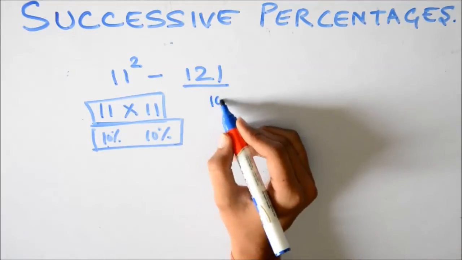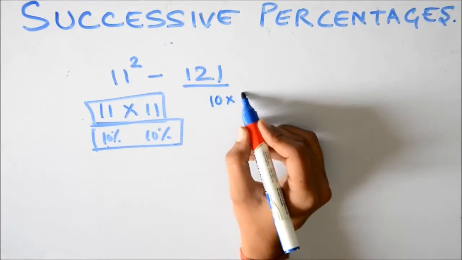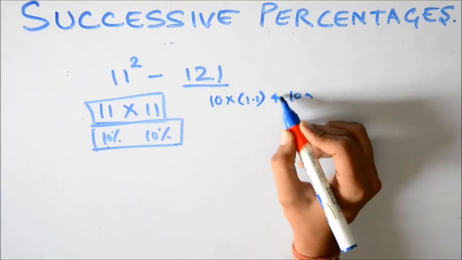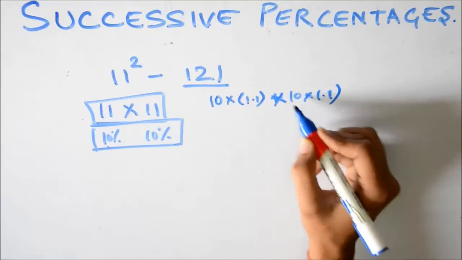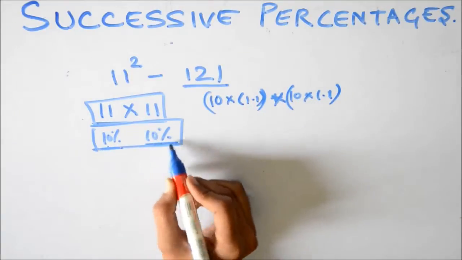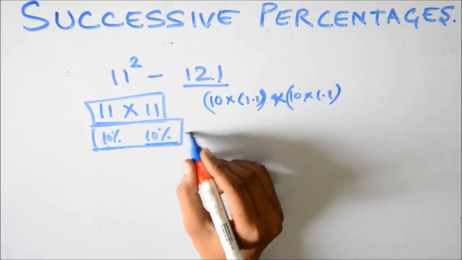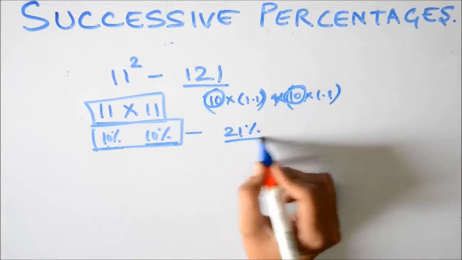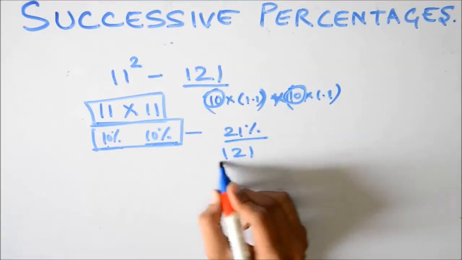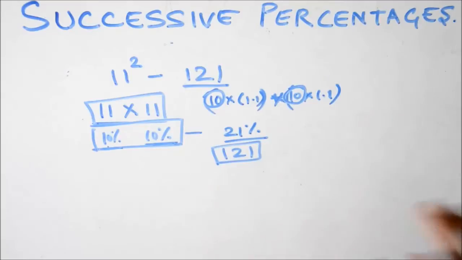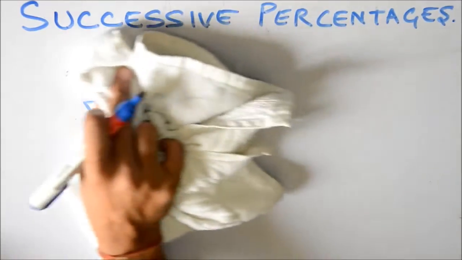So it can be written as 10 into 1.1 into 1.1, right? Two times consecutively if you increase 10%, we have seen that the overall increase is 21%. There's a 10 into 10, 100, and then a 21% increase, that is 121. Right? So I'm not saying that you have to do a square by using this, but we'll see how we can use these things. Okay.